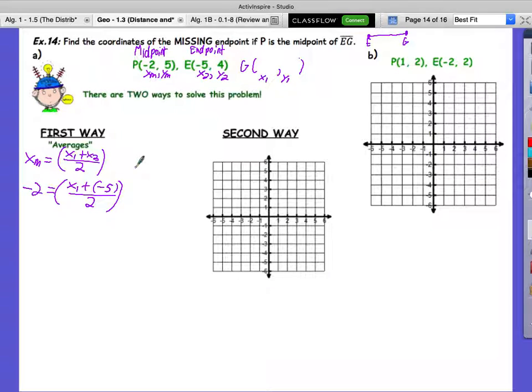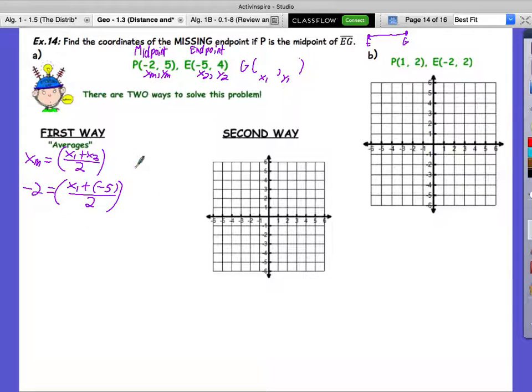So that means we're going to have to solve it a little bit differently. How would you solve this kind of algebra problem? We look at where our variable is that we're trying to find. What's happening with it? It's being added with -5, and it's being divided by what? 2. Now this whole side is being divided by 2. Do you want to get rid of that denominator then? How do we get rid of that denominator, Gracie?